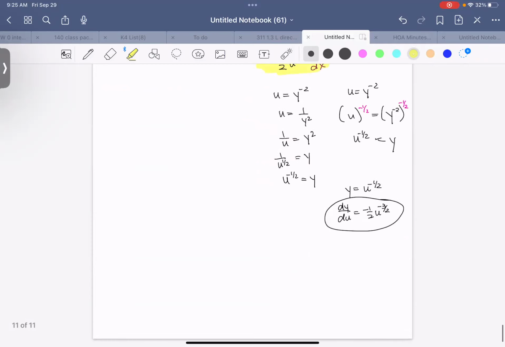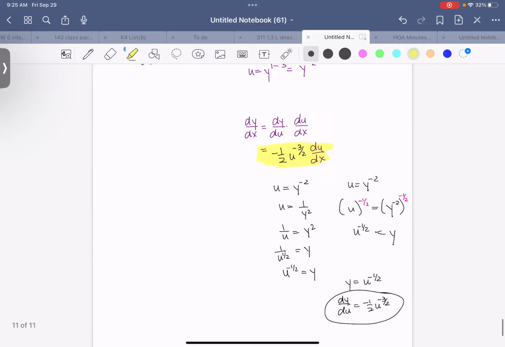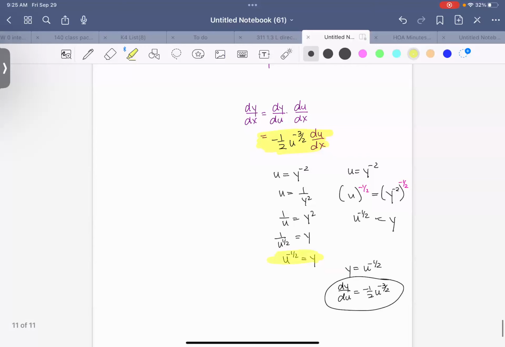And then this is our y. So dy dx is negative 1/2 u to the negative 3/2 du dx. And y is u to the negative 1/2. Everybody clear on how I got those? Because I didn't get it right the first time. So if you need to see it again, I can do it.